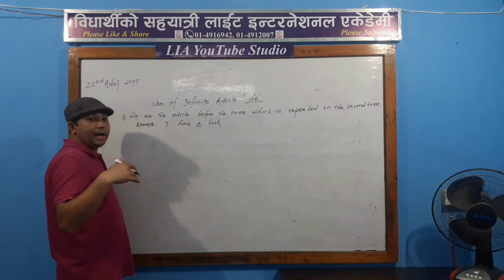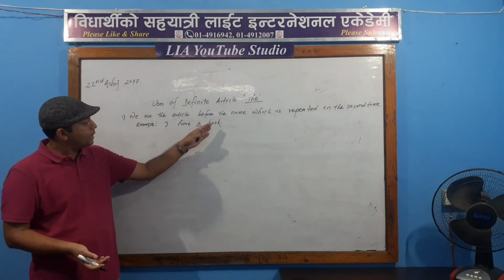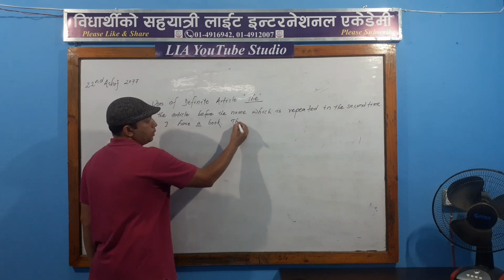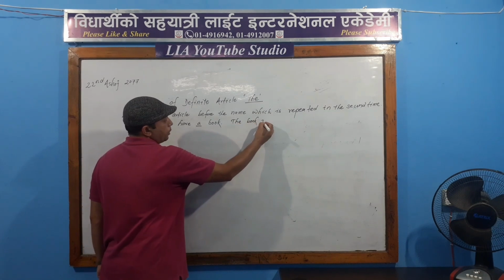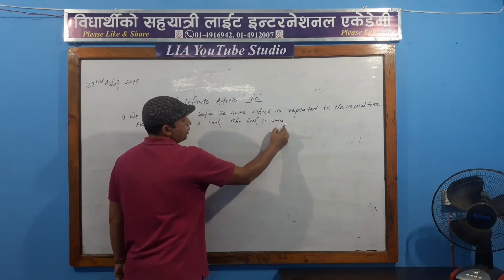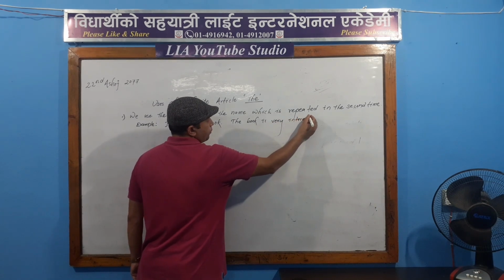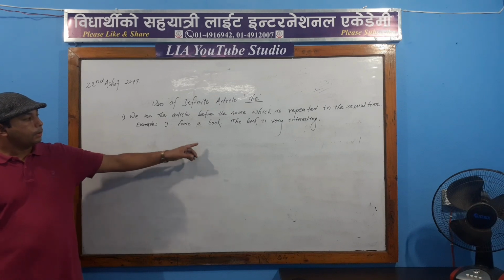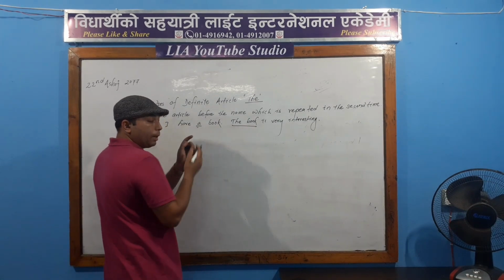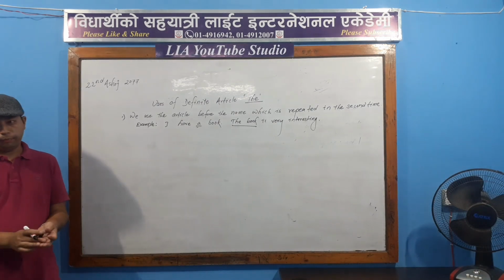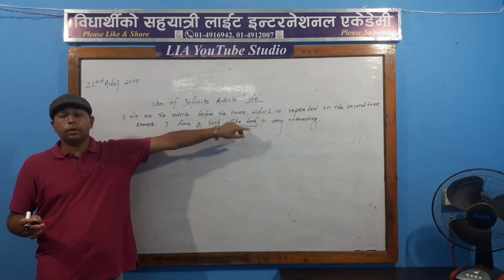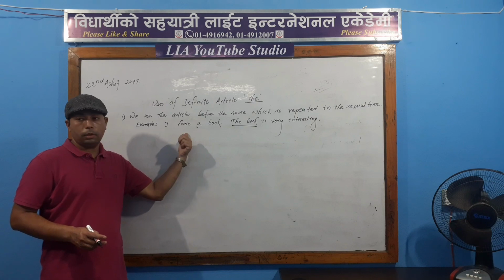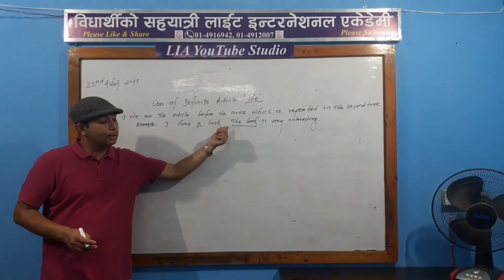If I have to mention the same book in another sentence a second time, then we have to use 'the'. The book is very interesting. So 'the book', however many times we repeat it, means the definite book, the specific book, the one I have. So this is called definite.